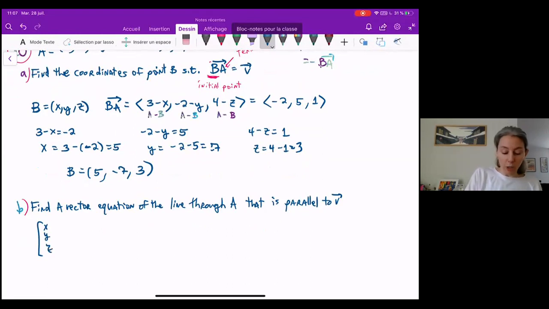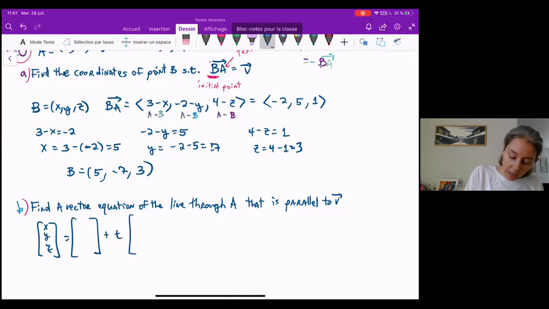You got it, Alex. So x, y, z is going to be equal to a point plus t times a direction vector. So this is going to be a point, and this is going to be a direction vector.